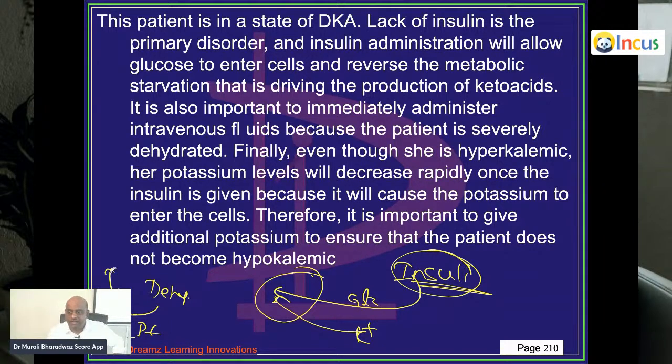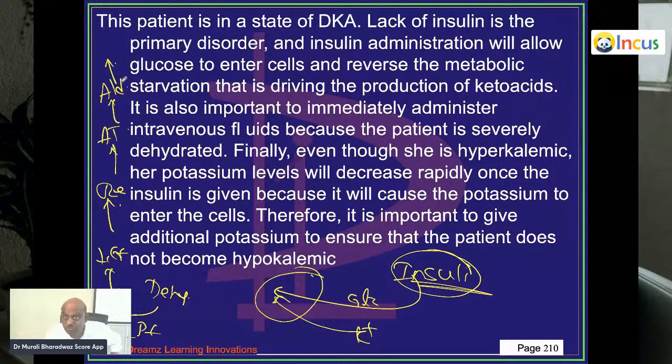That decreases the GFR. That stimulates the renin released by the juxtaglomerular cells. Increased renin will cause increased angiotensin. Increased angiotensin will cause increased aldosterone. And what is the role of aldosterone? Retention of sodium and loss of potassium into urine.